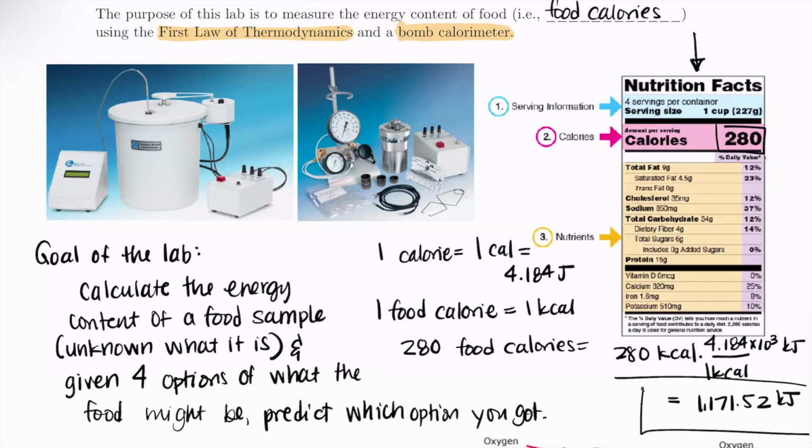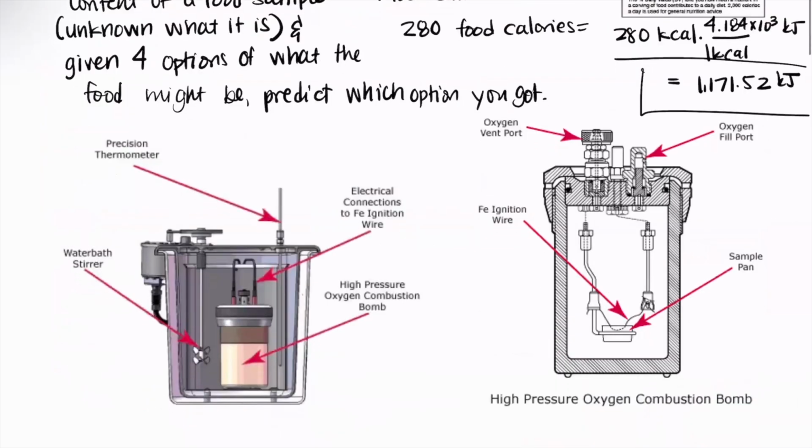All right. I have in here some sketches of the parts of the bomb calorimeter. The whole system is here on the left. We have a water bath. So essentially there's a bucket, a pail that we're going to put water into, and we're going to be measuring the temperature of that water surrounding the bomb.